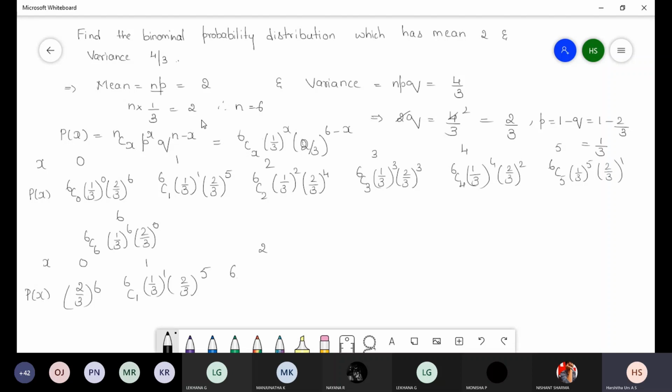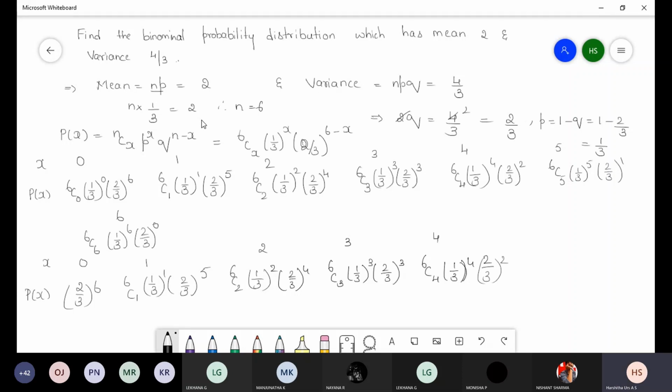Here 2 means 6C2, 1/3 whole power 2, 2/3 whole power 4. Next 6C3, 1/3 whole cube, 2/3 whole cube. Next 6C4, 1/3 whole power 4, 2/3 whole square.